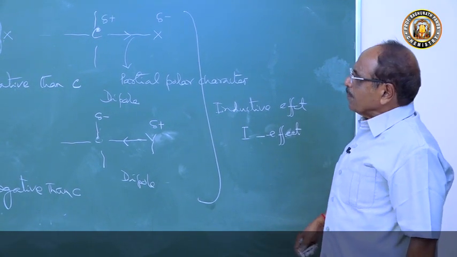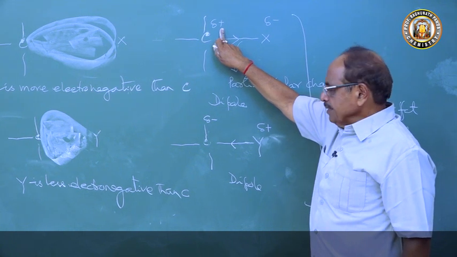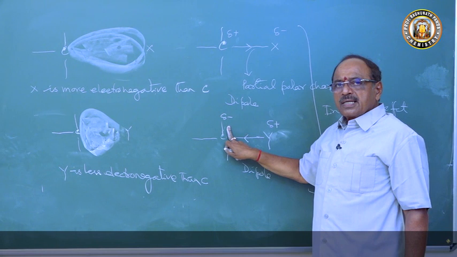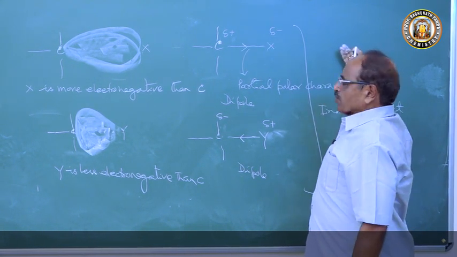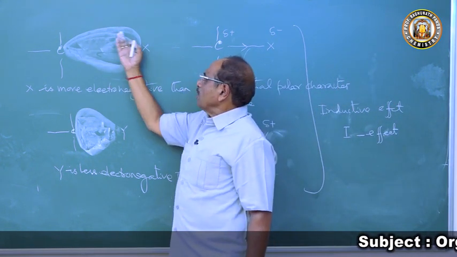Now, what is happening here? Here the carbon atom is getting positive charge. Here the carbon atom is getting negative charge. So this X is attracting the electron cloud towards it.